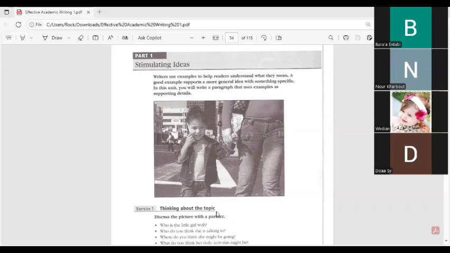Okay. This is called stimulating ideas. For example, I have something in front of me and I need to describe it, or I have something in my mind and I need to deliver the message or the idea or the picture to the reader or to the listener.